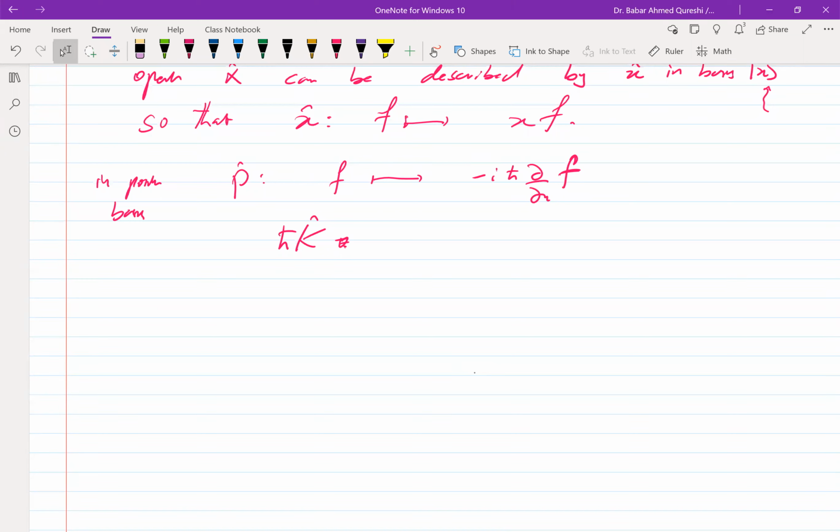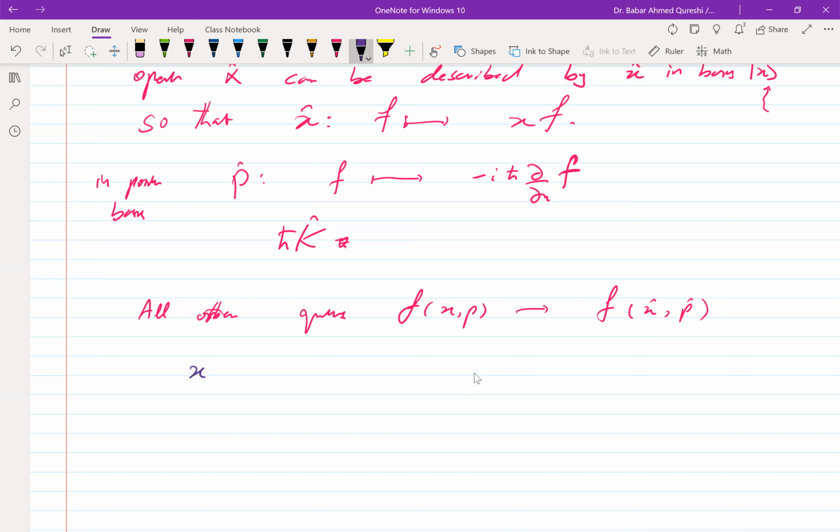You can take it to be postulates. And then all other quantities which are functions of position and momentum, you get them just by replacing these coordinates and momenta by the corresponding operators. Now, there are some complications over here.